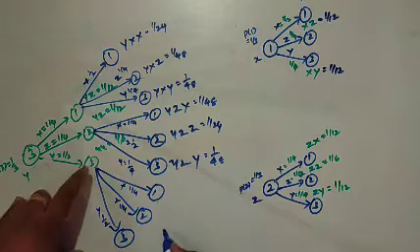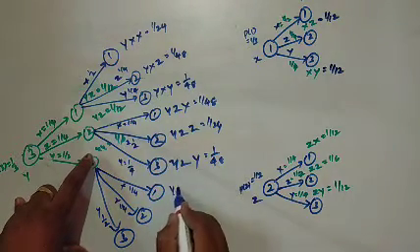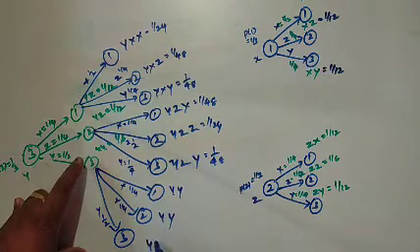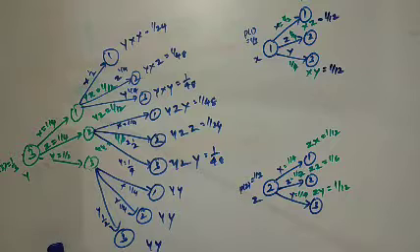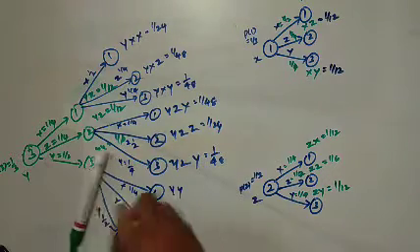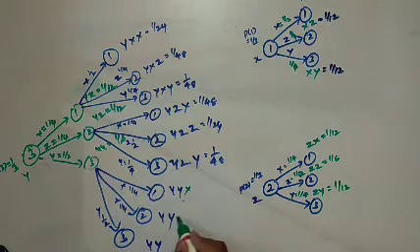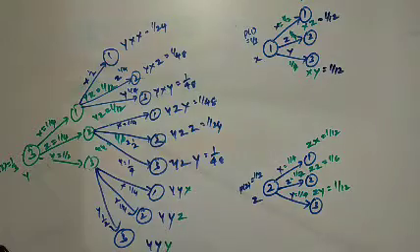Up to this point it is yy. Okay, here we got yyx, yyz, yyy.